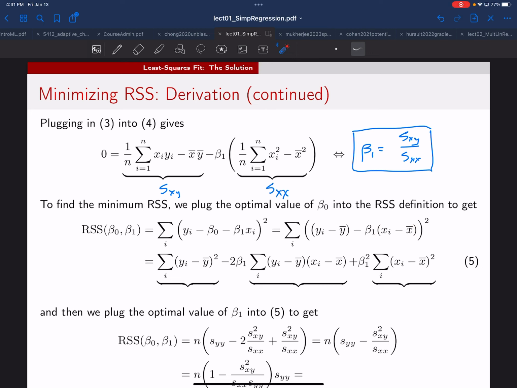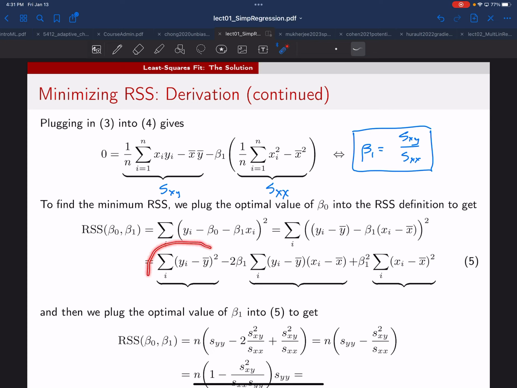And I've grouped the y bar with the y and the x bar with the x here. And then we have a quadratic, right? A difference of two terms squared. Let's expand that into the first squared, the cross terms, which is this, and the second squared. We get a beta 1 squared, and we get this stuff squared.